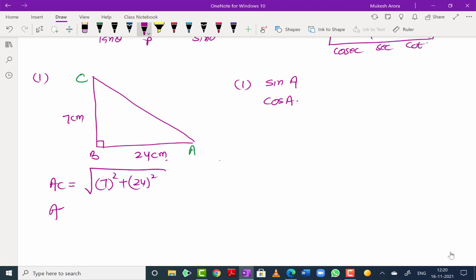So AC is equal to root 625. So AC is equal to 25. So this comes 25 centimeter.